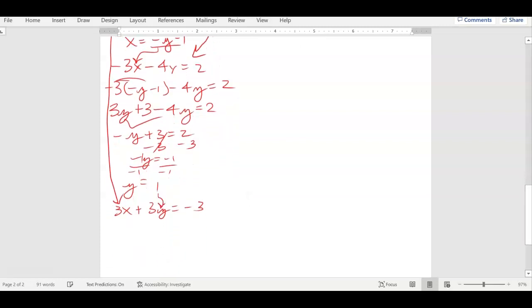Y equals 1 is going to go there. And then we divide.